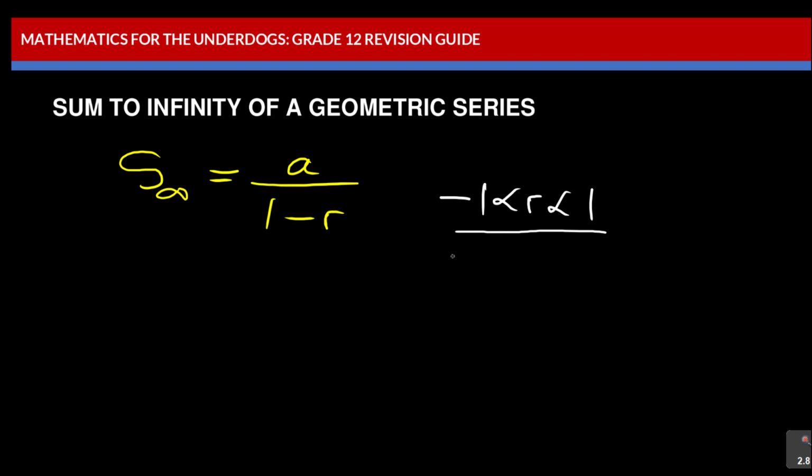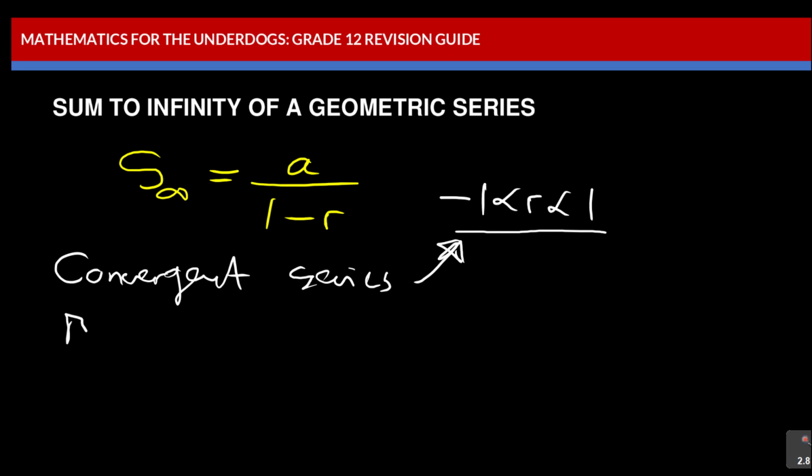With this condition, we say there are two types of sum to infinity. There is a convergent series, where the common ratio is between -1 and 1. And then there is a divergent series.